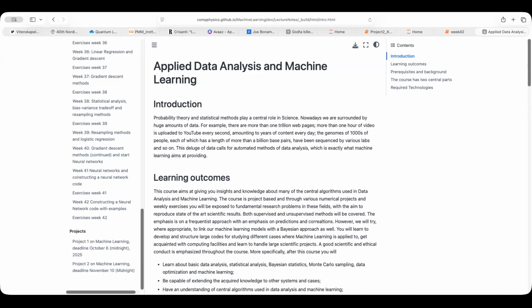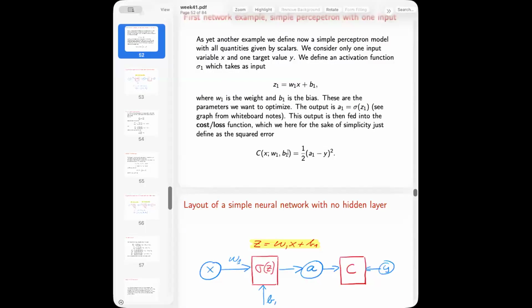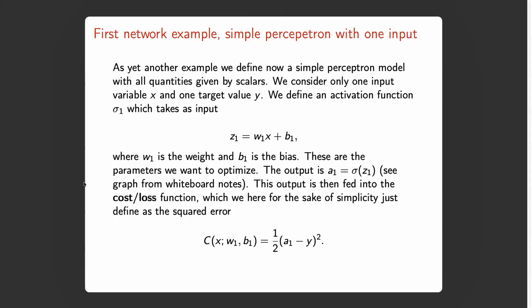So let me just bring that up and remind ourselves a little bit about what we did last week. And what I'm going to do then is to bring up the slides again with the simple examples which we looked at. So let's just enter full screen. So what we did was to take what we called a simple perceptron model.